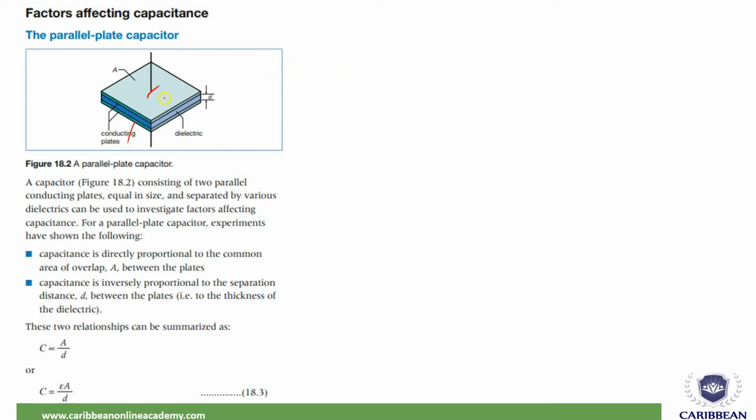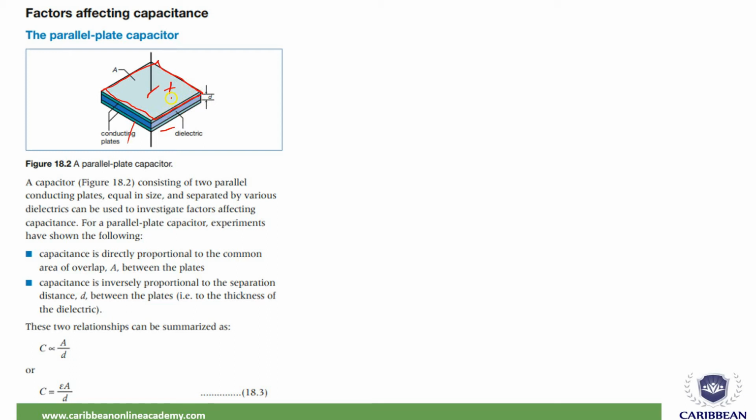Quite often, one plate is going to be positively charged, one is going to be negatively charged. So let's just imagine this plate is positively charged, this plate is negatively charged. Now, what we're saying here is that based on the area of the plate, top and bottom, that determines the capacitance of the capacitor.